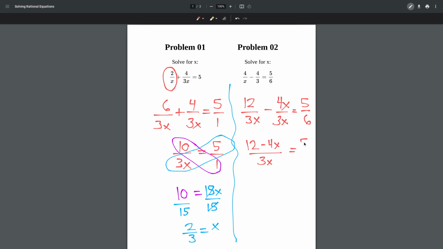Equals 5 over 6. We're going to do some cross multiplication magic here like we did in the last problem. So we'll do 12 minus 4x times 6. So we can write that as 6 times 12 minus 4x. And then on this other side here, we'll do 3x times 5, which is 15x.